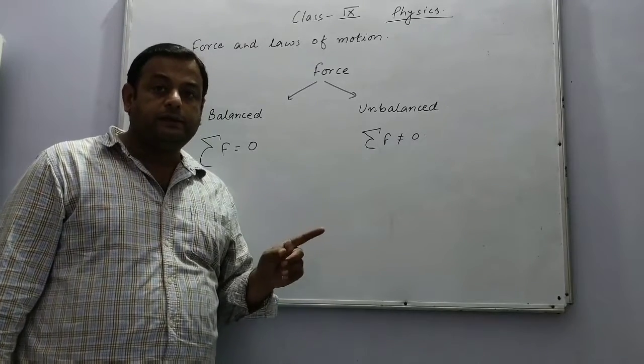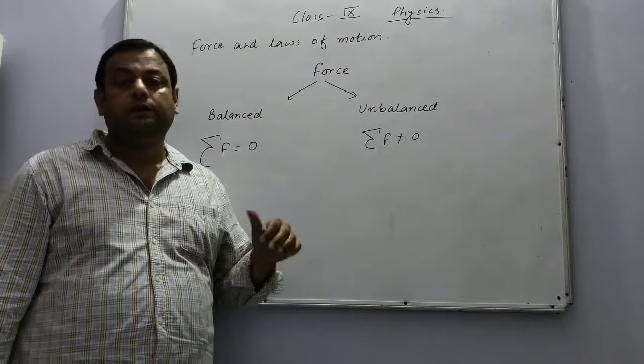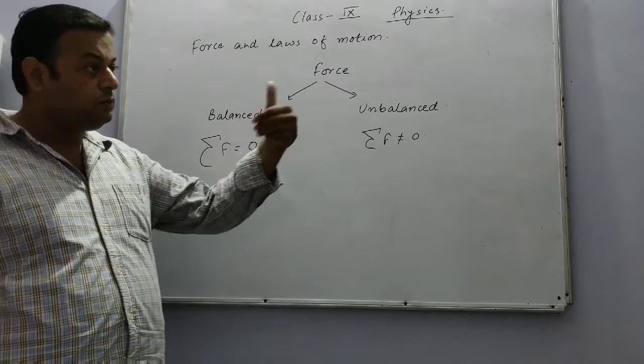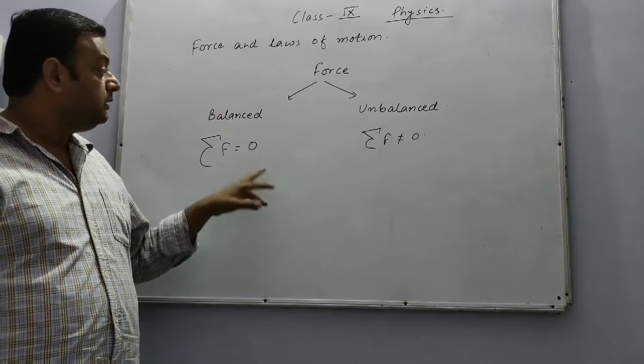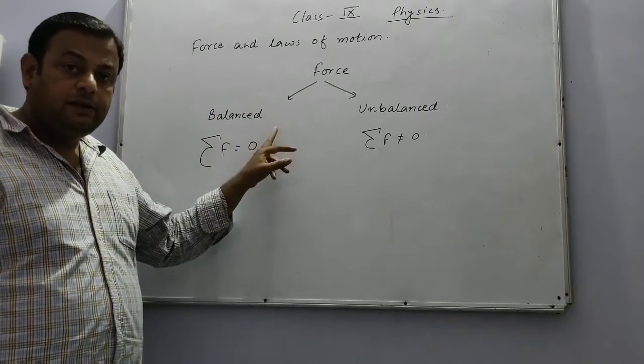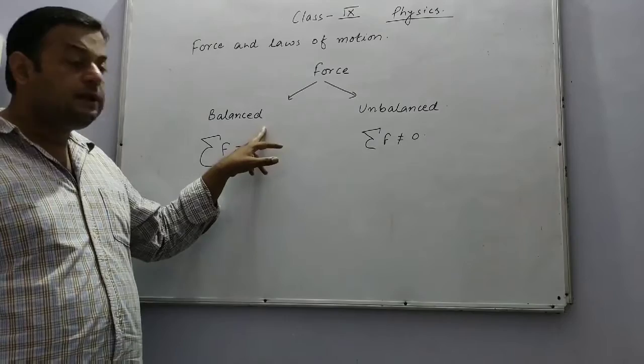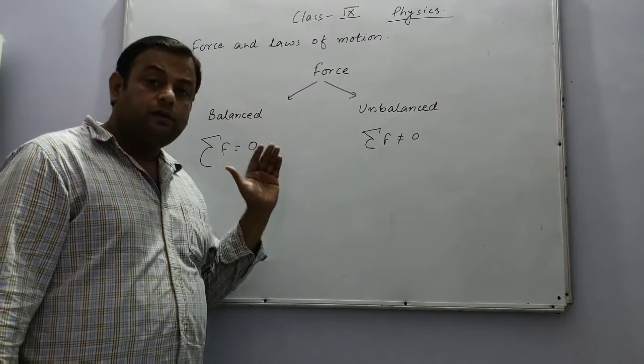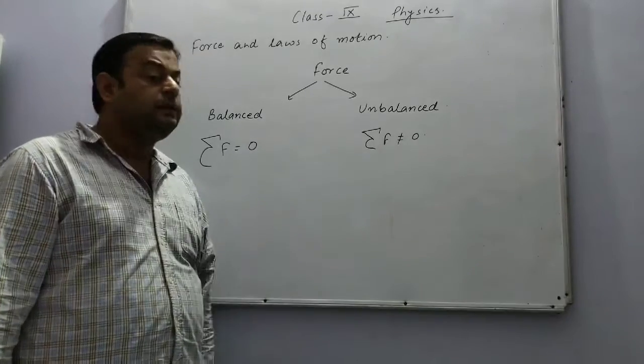There will be no acceleration and no retardation if we are applying balanced forces, meaning the forward force is equal to the backward force. So the object shall remain at rest, or if it is in motion, it will remain in motion at constant velocity or constant speed.